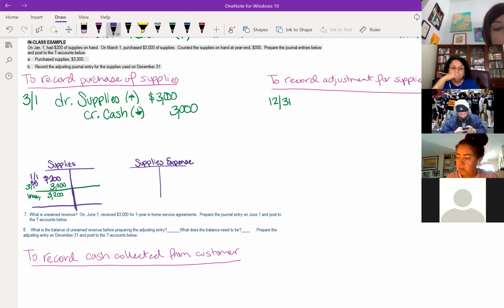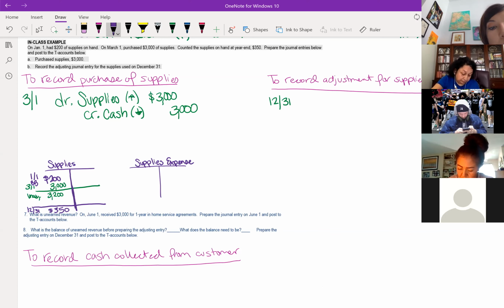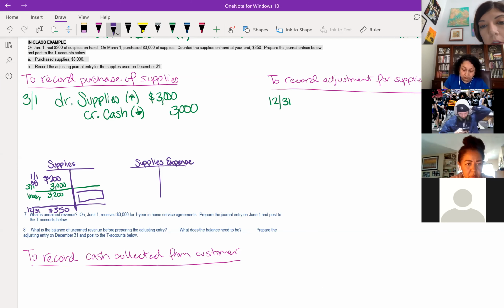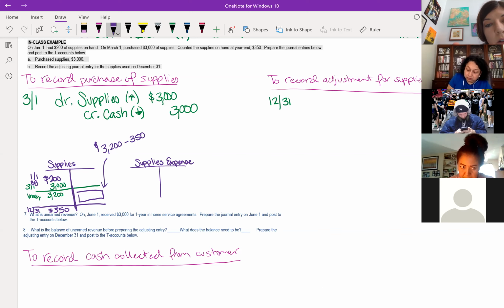Because at the end of the year, they only had $350. So a substantially lower balance. How do I get from $3,200 worth of supplies to $350 worth of supplies? Subtracting 350 from 3,200. Yep. So 3,200 minus 350 is 2,850. Correct. 2,850 was used.